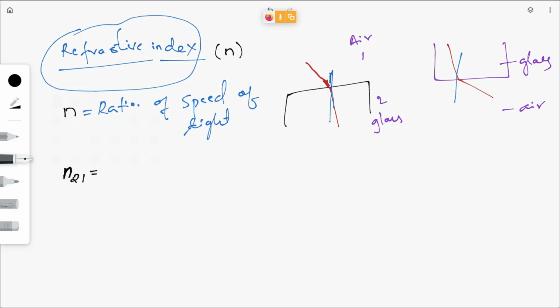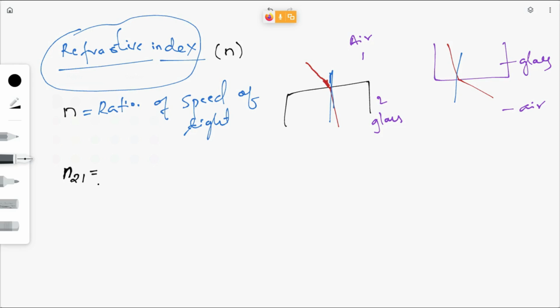N21 is refractive index of medium 2 with respect to medium 1. Write it in your notebook first. What is n21? Refractive index of medium 2 with respect to medium 1.